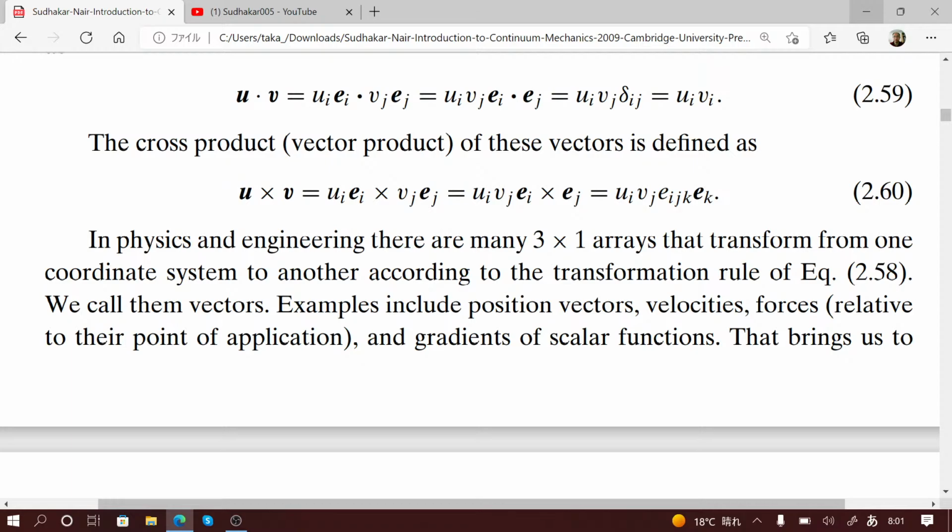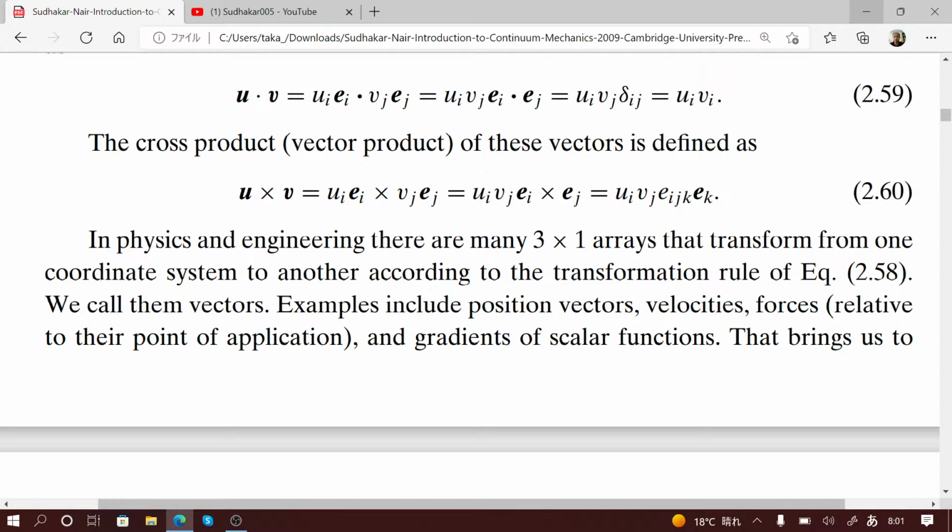In physics and engineering, there are many 3 times 1 arrays that transform from one coordinate system to another according to the transformation rule of equation 258.